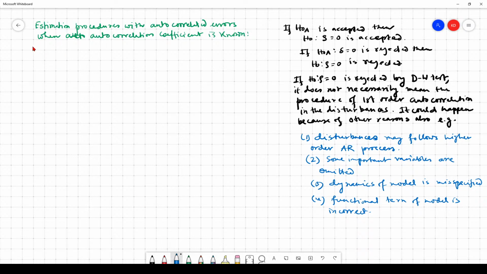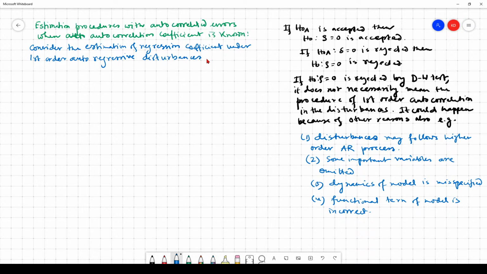Consider the estimation of regression coefficients under first order autoregressive disturbances when the autocorrelation coefficient is known.